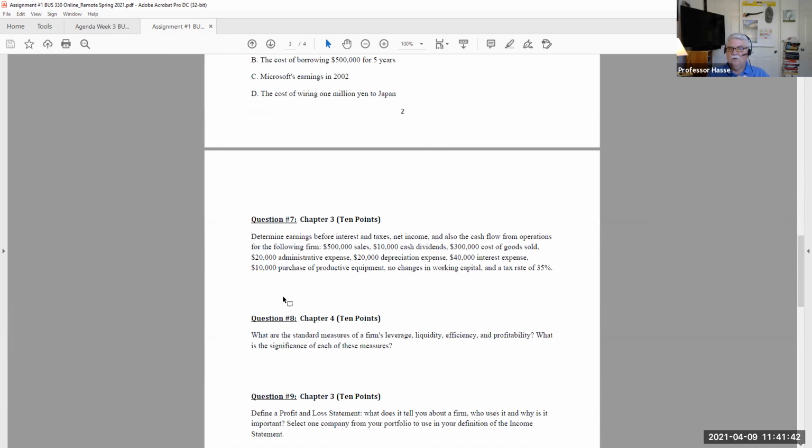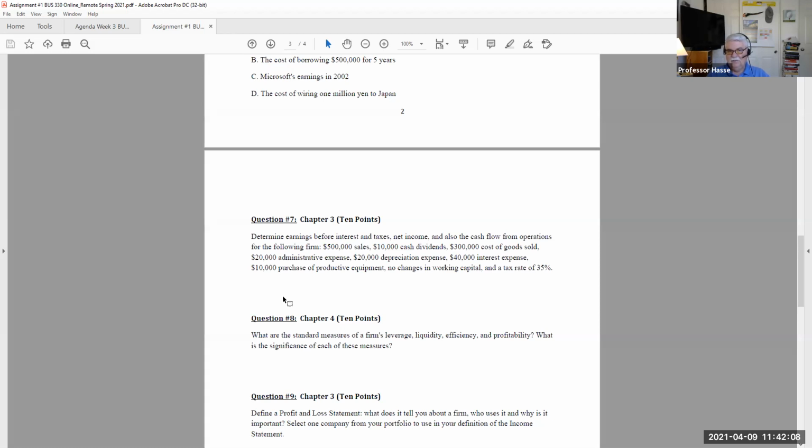Number 1, their earnings before interest and taxes, sometimes called EBIT, sometimes called operating profit or loss. Number 2, the net income of this company. And number 3, cash flow from operations. Those 3 numbers I need you to find based on this information.